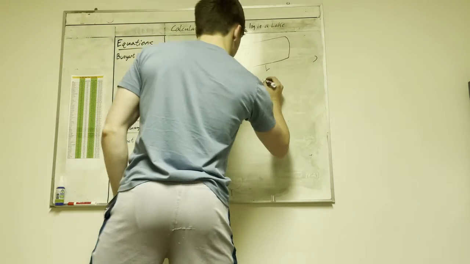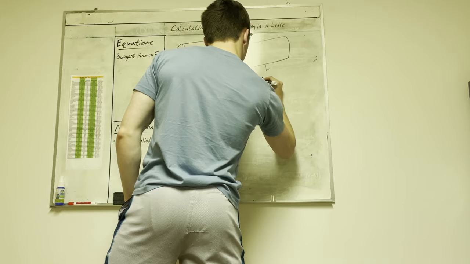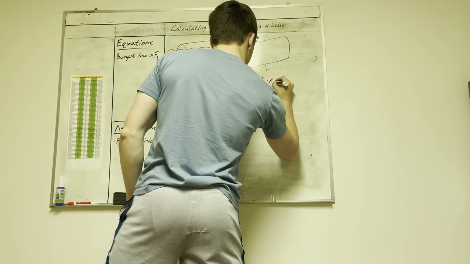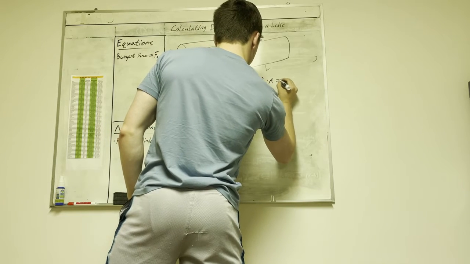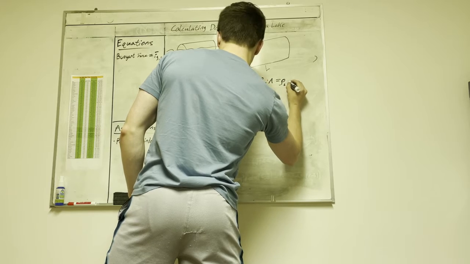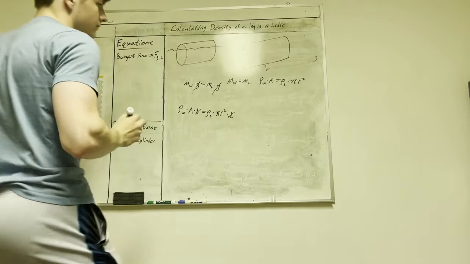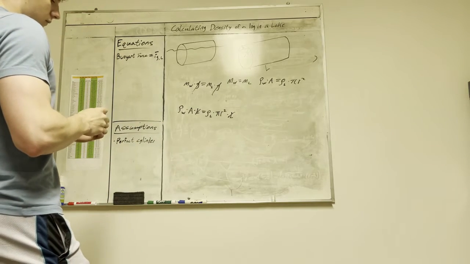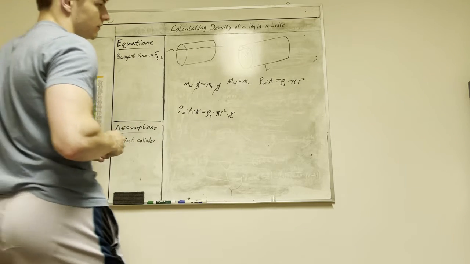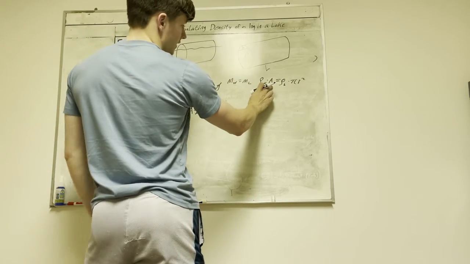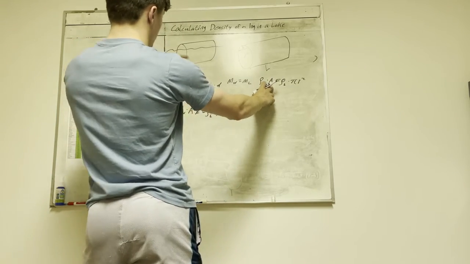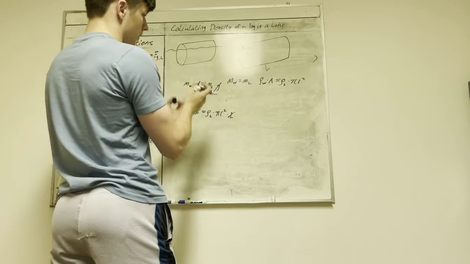So from here, we have the density of water times the cross-sectional area of the water is equal to the density of the log times pi r squared. What we need to do is find the cross-sectional area of the log that's under the water.